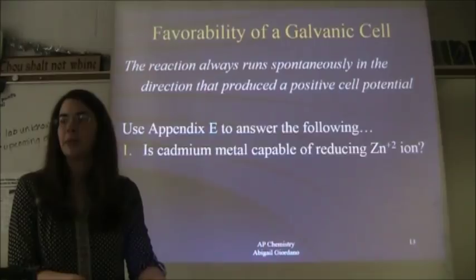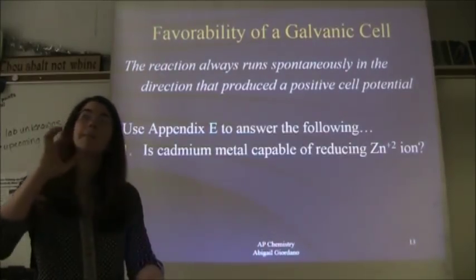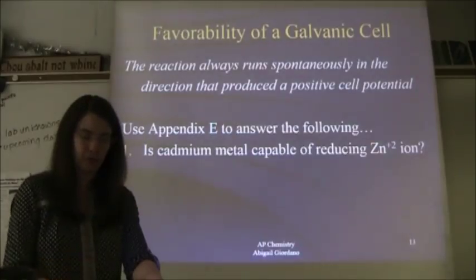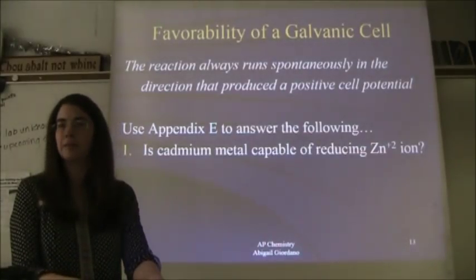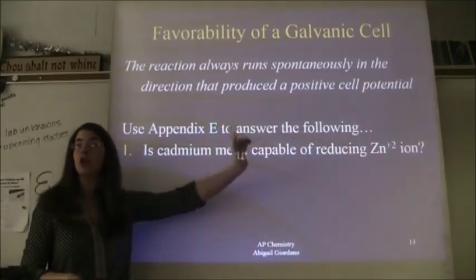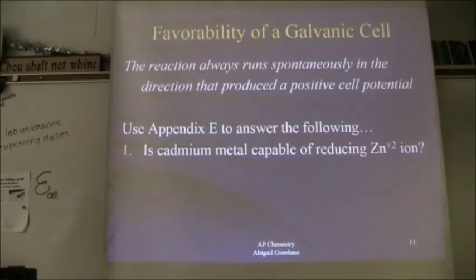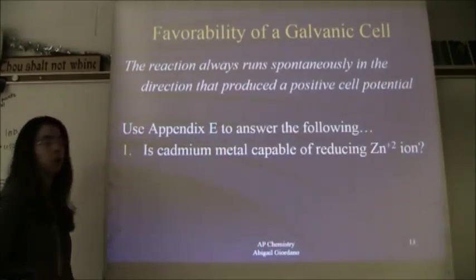If you take that number and add it to cadmium's positive 0.403, what kind of a result do we get? Negative. Will this happen? No, it will not. If you get a negative cell potential, the answer is no, it will not. Is cadmium capable of doing that? No, it's not.